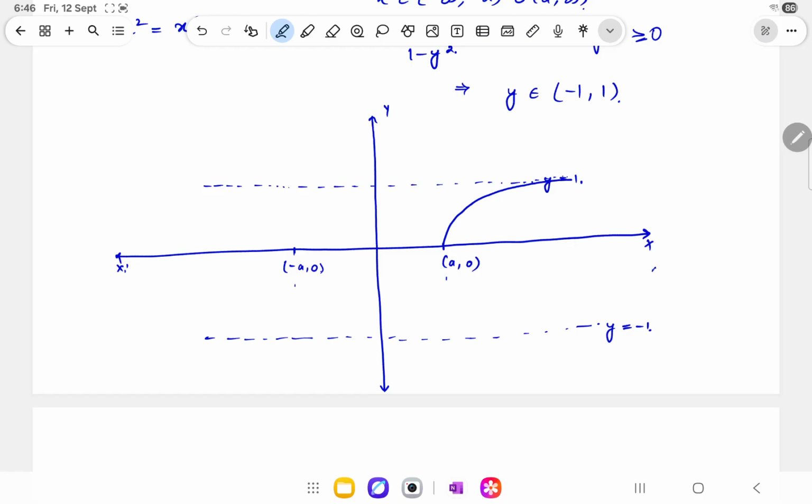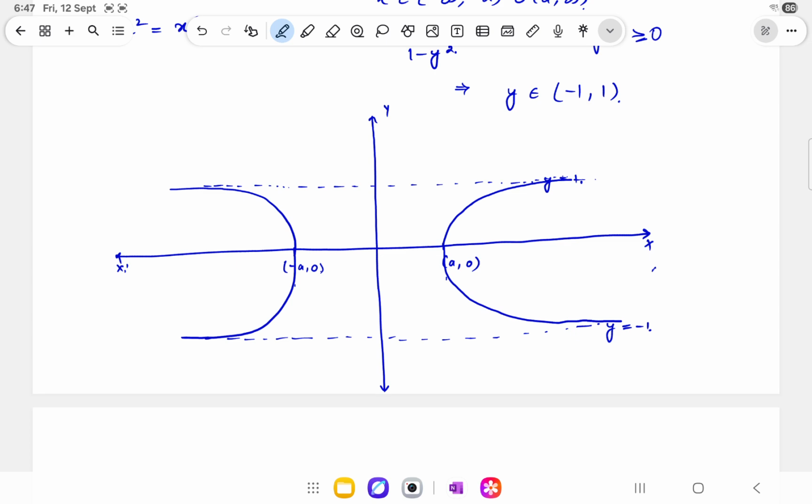Likewise, since it is symmetric about the x-axis, in the fourth quadrant our curve will be somewhat like this. But we have concluded that our curve is also symmetric about the y-axis, so the mirror image along the y-axis will be the curve in the second and third quadrant. So that will basically give this as the graph of our curve. So basically this is the required graph that we are supposed to plot.